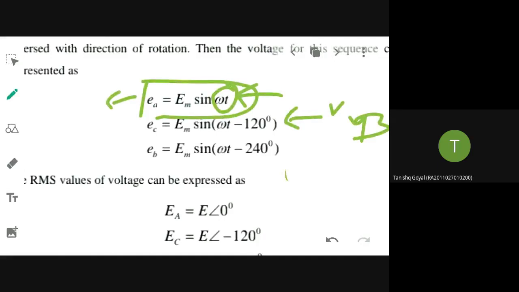So that is how this phase angle difference comes. What is the equation for that phase? Vm or EC is equal to Em into sine omega t minus how much degree? 120 degree. Okay, and the last phase, what can you say about the last phase?